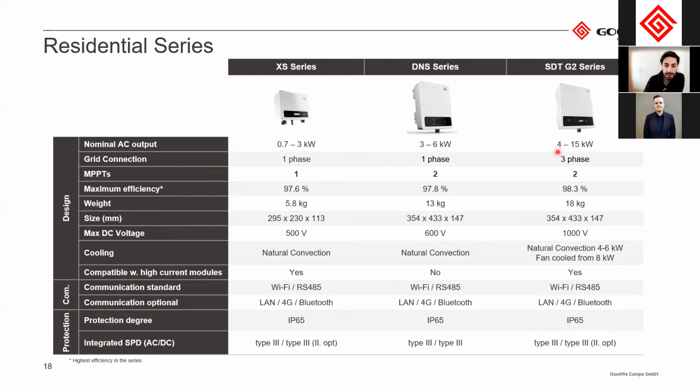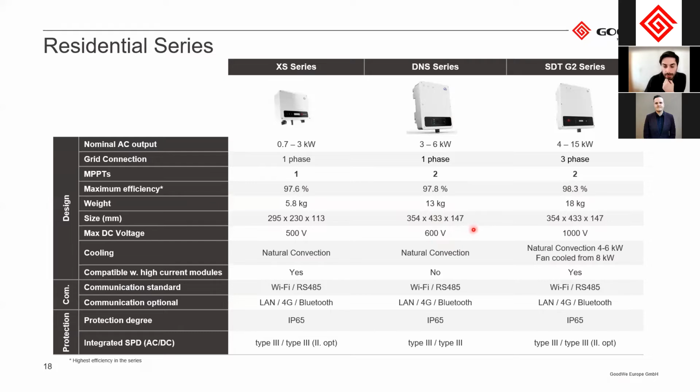The SDT has a much larger range in size, and therefore its physical size also changes a bit. But apart from that, the other difference between them is that they have a different amount of MPPTs. The XS, of course, only has 1 because of its size. The DNS is a single-phase 2-string inverter, which is quite popular in the single-phase market.